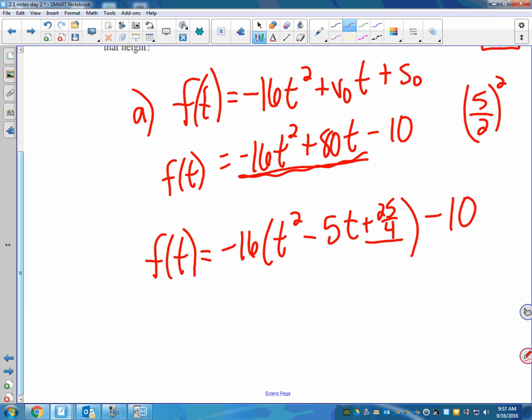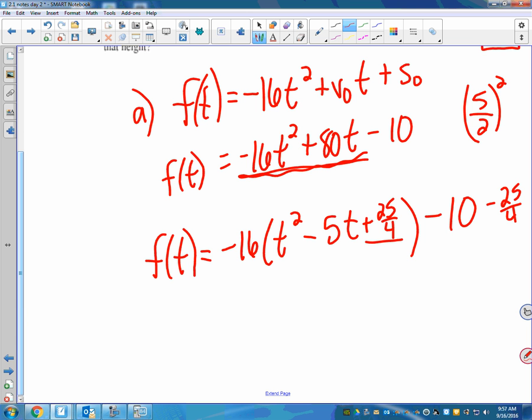Here's what happens when I give this on the test. People put 25 over 4 on the inside, and then they put 25 over 4 on the outside, and they leave that as their answer. What did they forget? Okay, they finished the problem, but this is what they put on the outside, and then they get a negative height.